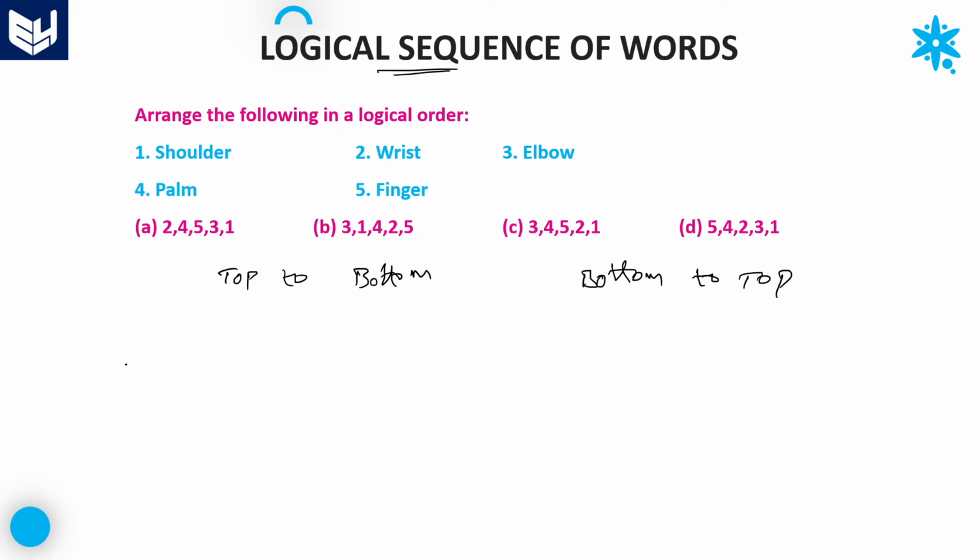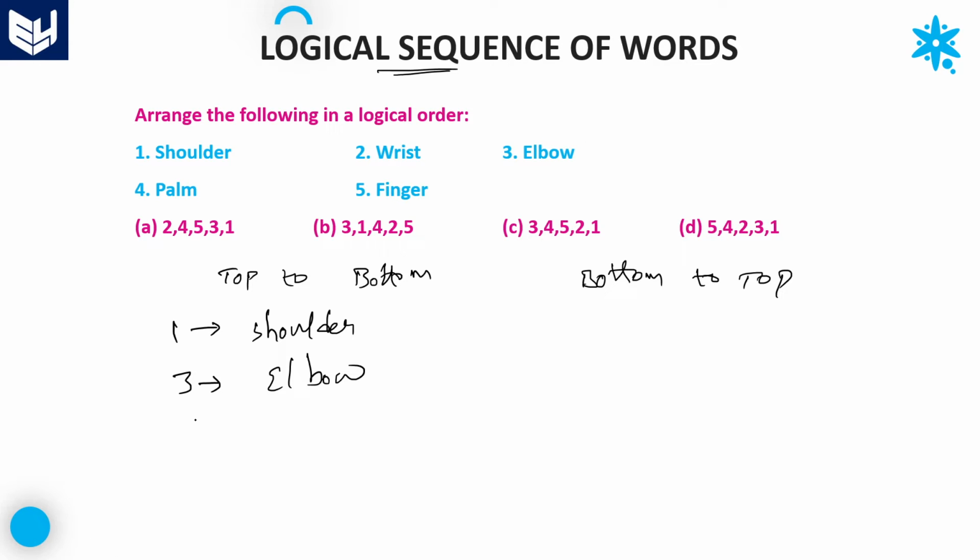See here, if it is top to bottom, the topmost part of hand is shoulder. So, first one is shoulder from top to bottom. After shoulder, next one is elbow.